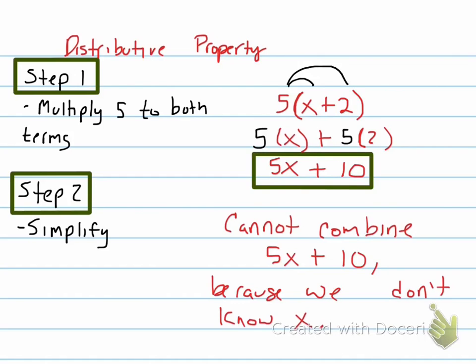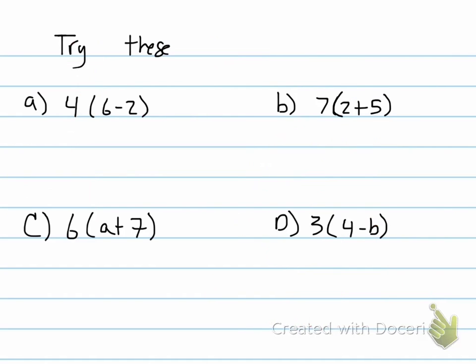Okay, so I'll pause here. So I'd like you guys to try these. So try it with distributive property. Don't just do it the way that we know, because we're going to run into trouble on C and D. Alright, I'll pause here.